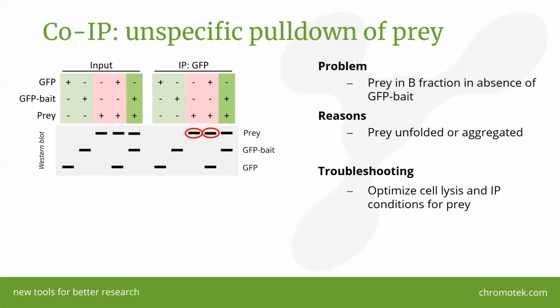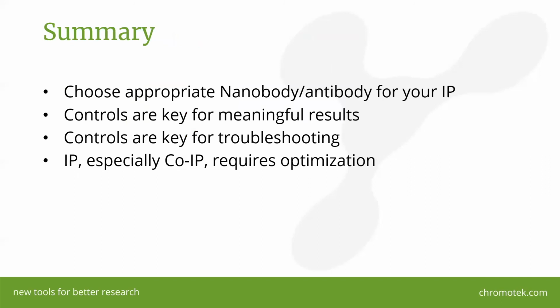Do these tests without the GFP-bait. Just optimize the conditions for prey. And once you found good conditions, then you have to make the whole test together with the GFP-bait protein. So this is a really good example of how important proper controls are.